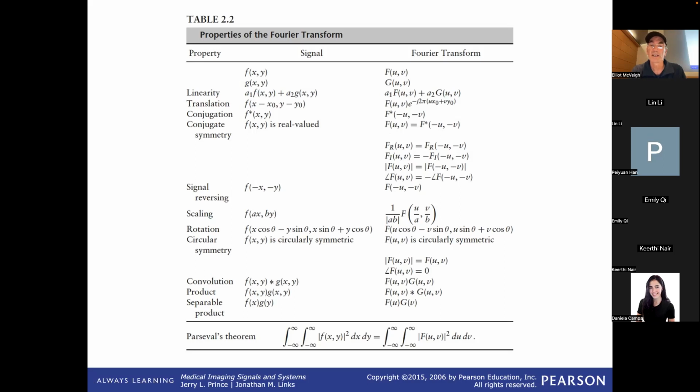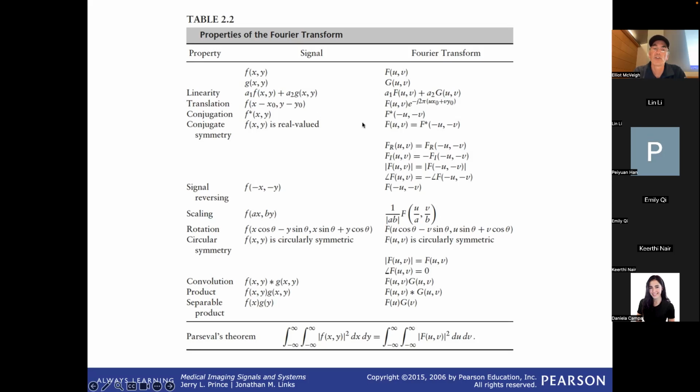So if you look at a location in Fourier space (mu, v), then when you flip around the origin to (minus mu, minus v), you get the complex conjugate of the value here. And that is if this is a real valued function, so the phase is 0 everywhere.